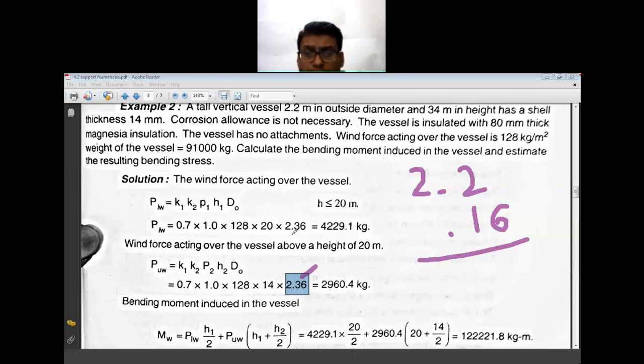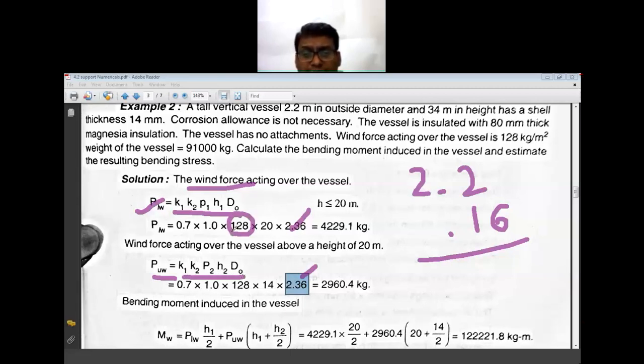So the total exposed diameter has to be taken into account. For that purpose, we will add this 80 millimeters, that is 0.16 that is to be added here. So this 2.2 will be increased to 2.36.